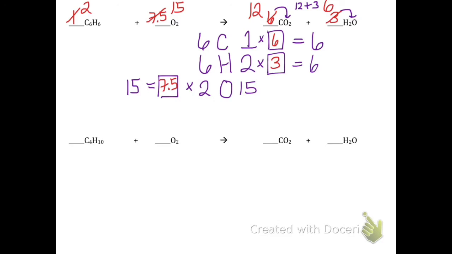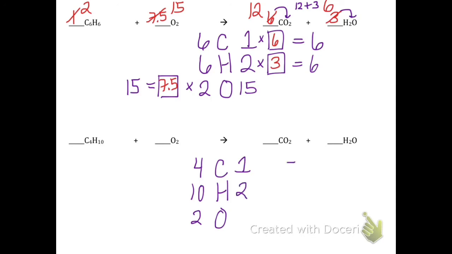Okay? You can try the next one on your own, or you can just continue playing while I explain it. If you want to try it on your own, I would do that and just skip to the answer, and you can double check if you got it right. Otherwise, just stick with me. So here's your last example. Here you have CHO once again. 4, 10, 2, 1, 2, and I'm going to recount later.